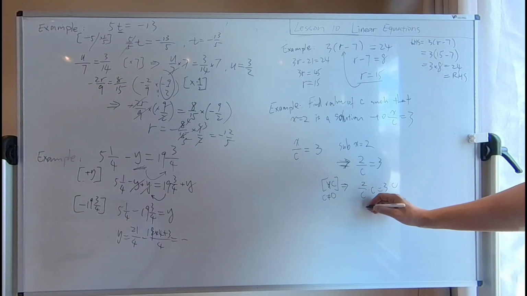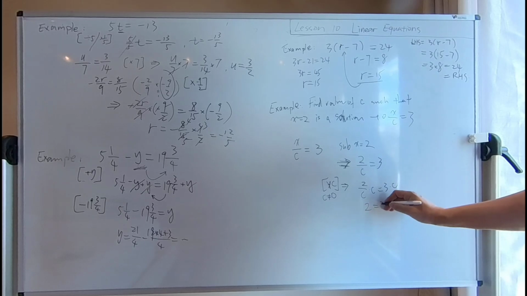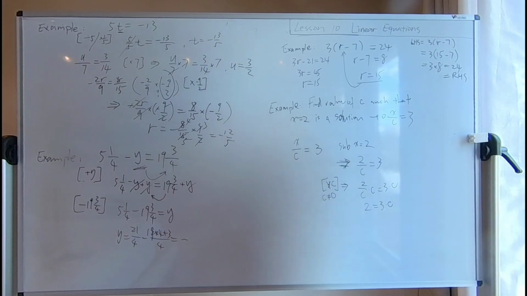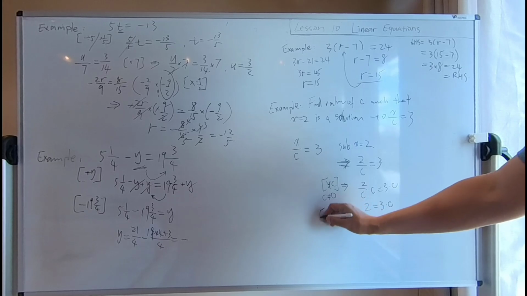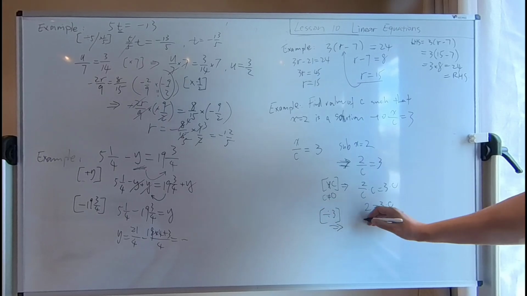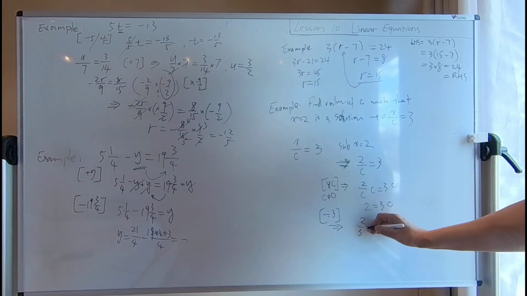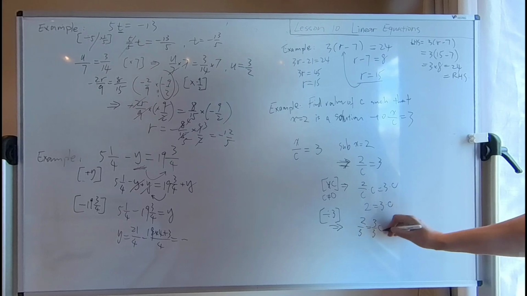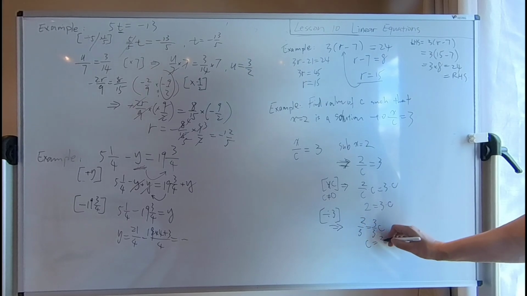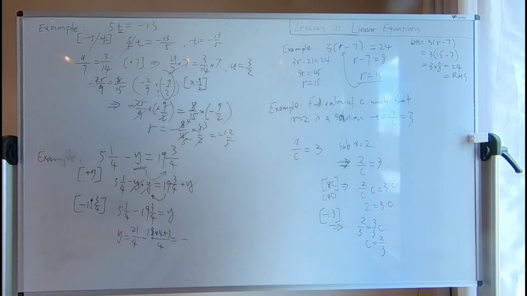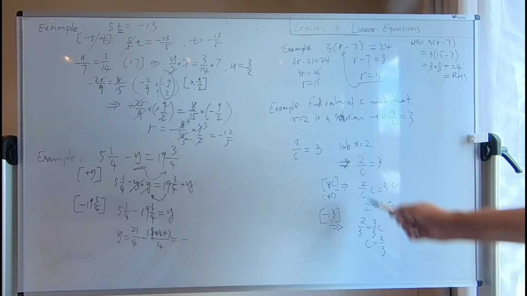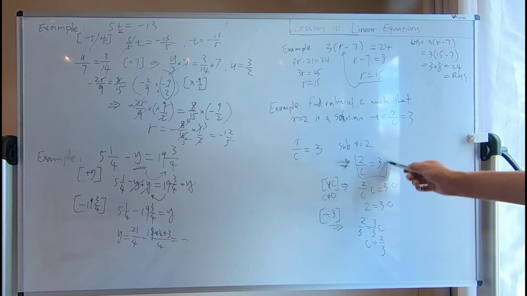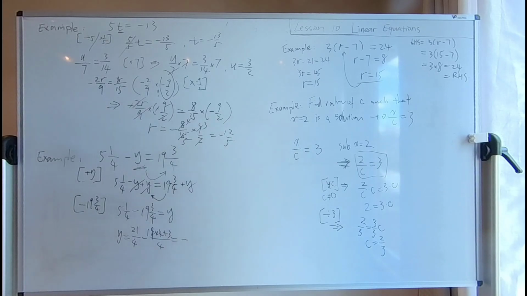So I have 2 equals 3 times c. Then I divide by 3 on both sides. Again, 2 over 3 equals 3c over 3, so that c is 2 over 3. So that I can find the value of c which makes this relationship true. Okay, so that's all for this lesson.